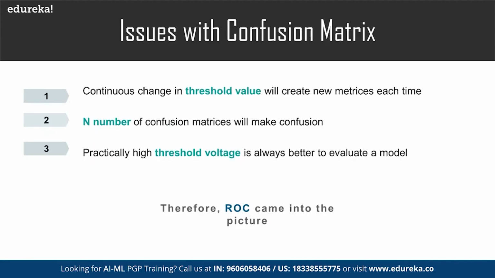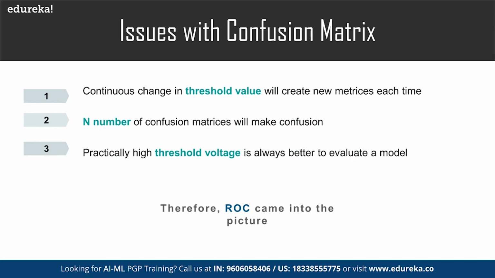Next one, issues with this. What are the limitations of the confusion matrix? Why are there different evaluation metrics when we have such a confusion matrix in place? I already talked about it. We are only having one fixed threshold value, because in real-time predictions, online learning predictions, and also batch predictions, we get to change the threshold values continuously, because we need a high performing model.